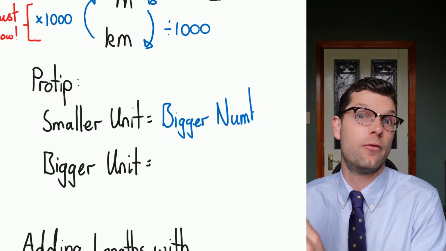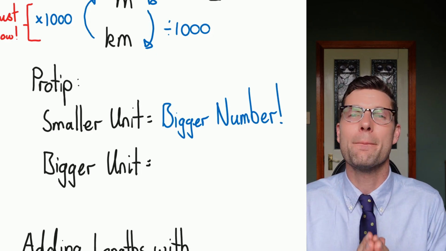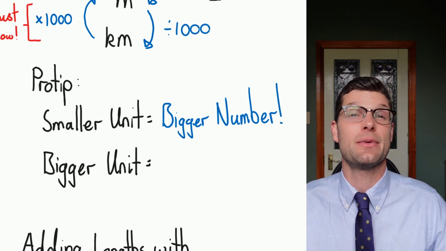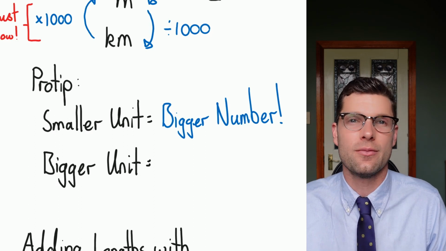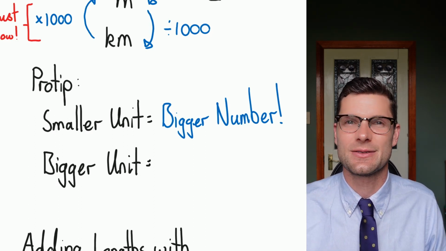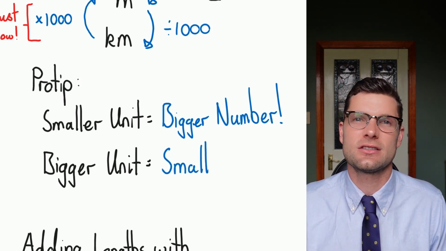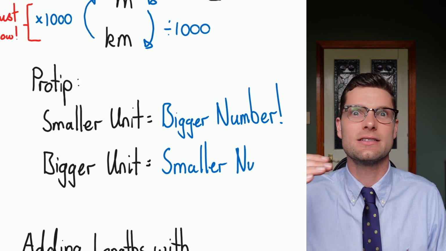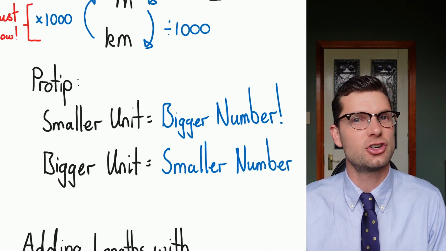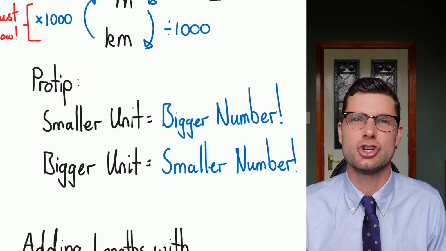So if I go from 42.6 kilometers, how many meters is that? I've got to multiply by 1,000, and that number is going to be much bigger. If I divided by 1,000, I would get a really, really small number, which doesn't make any sense. And the same thing is true the other way. If we're going up the units, so if I'm going from millimeters to centimeters to meters, the number that I actually get as an answer is going to be smaller every single time I make that jump.